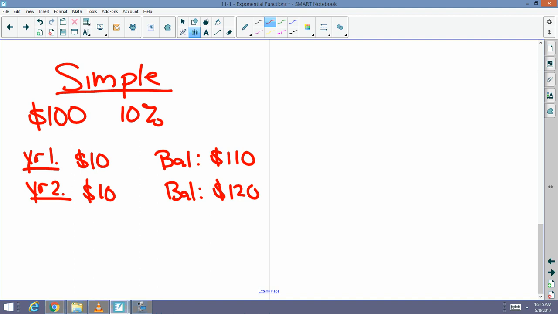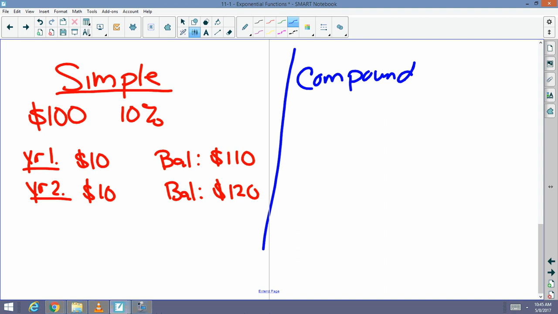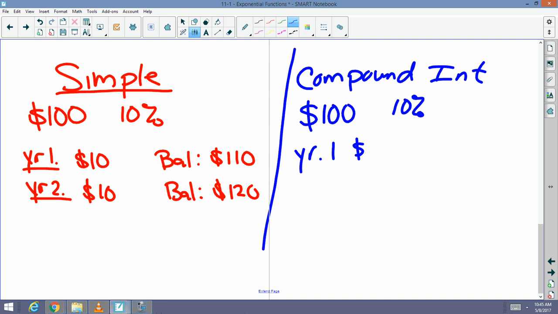Compound interest is much more powerful. And this is what we just saw. Compound interest works like this. You have the same $100 and the same 10%, but it's compounded. Year one's the same, guys. Year one doesn't matter. $100. You made your $10.